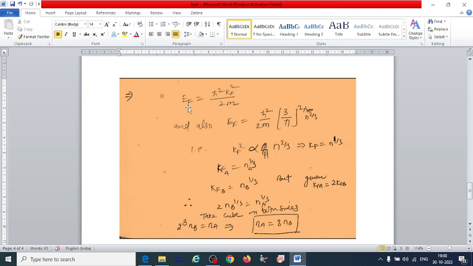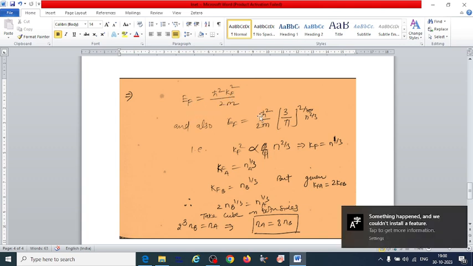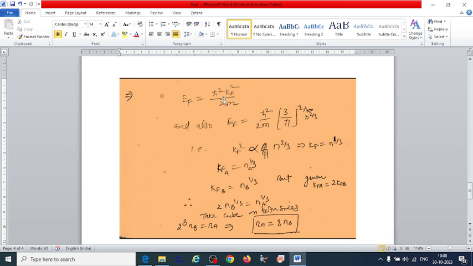Okay, so as we know, Fermi energy is given by h cross square kf square divided by 2m. K is what? The wave vector, so the Fermi wave vector. So we can also write the Fermi energy like this.